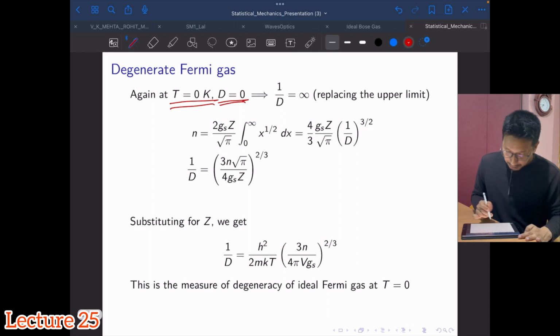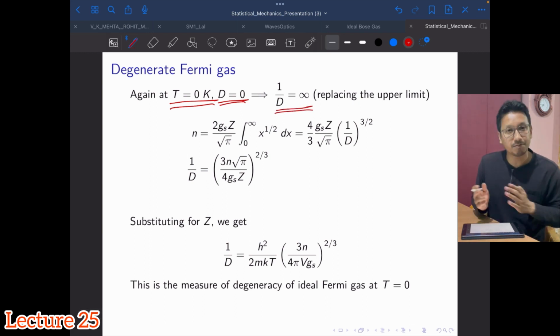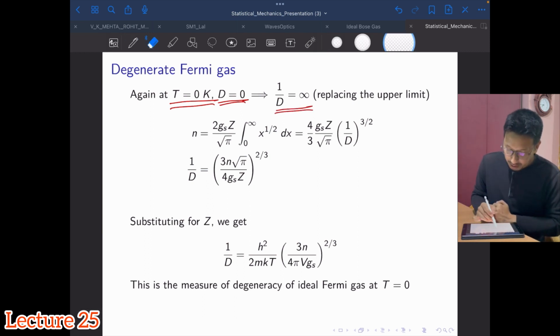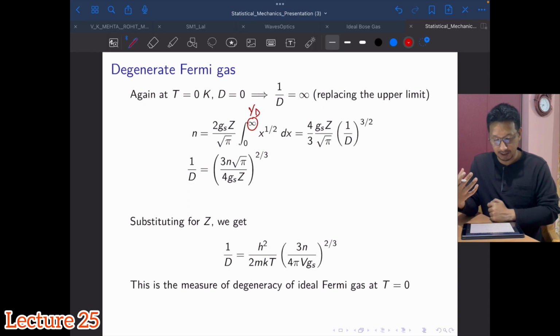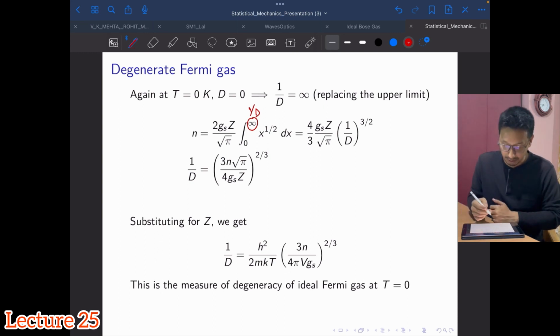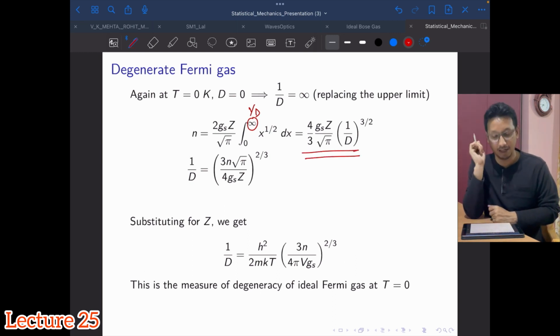So from there you know that 1 by d is infinity. In the case of this infinity, I can substitute 1 by d for the case that we are discussing. So in that case, the number of particles is given by this expression. Simply I substitute for the upper limit, replacing the infinity by 1 by d.